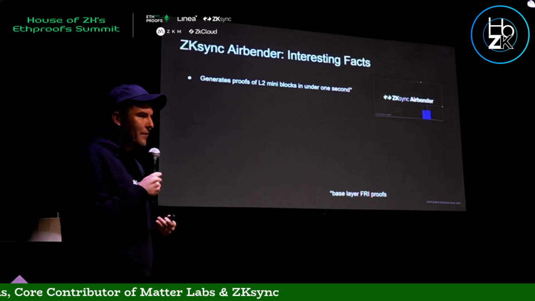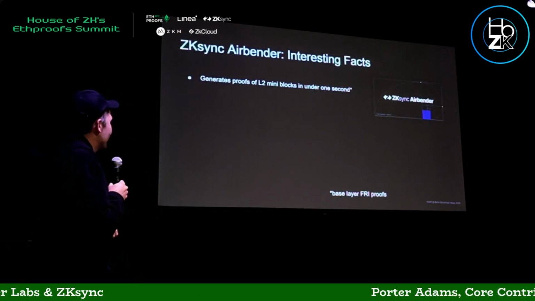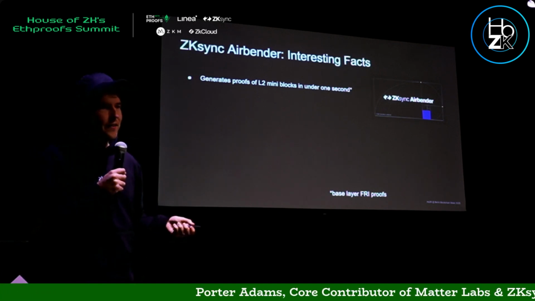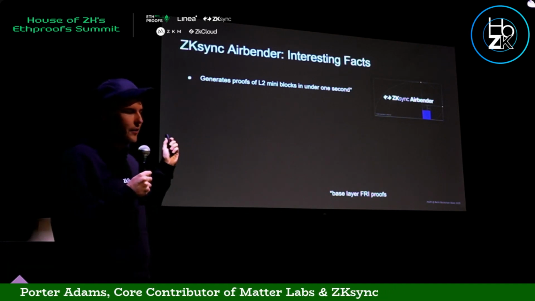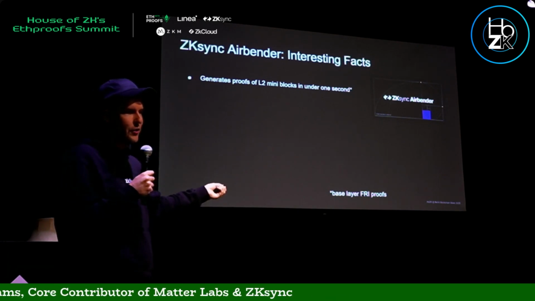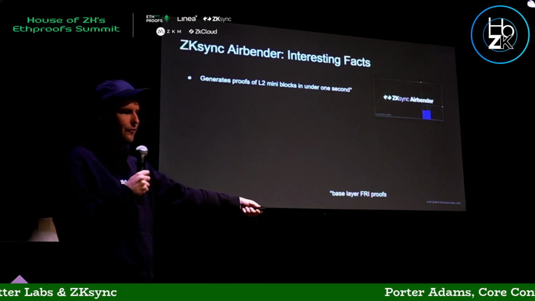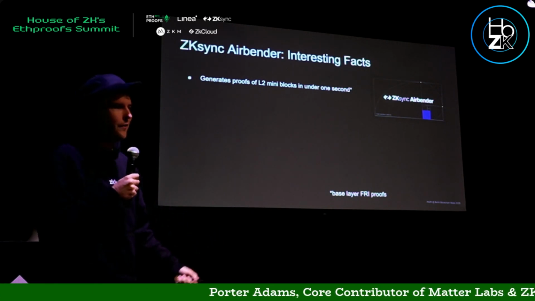I want to go over some of the facts that I find the most fun about Airbender, which is generating proofs of L2 mini blocks in under 1 second. This is the base layer proofs. So what that means is we are counting witness generation time, the execution time, and creating the first Fry proof, but we're not doing any of the aggregation layer yet.